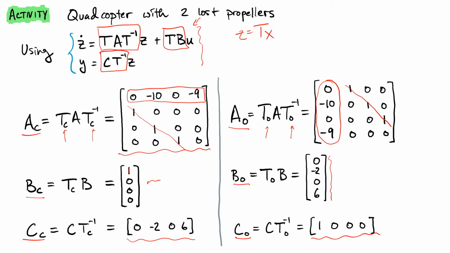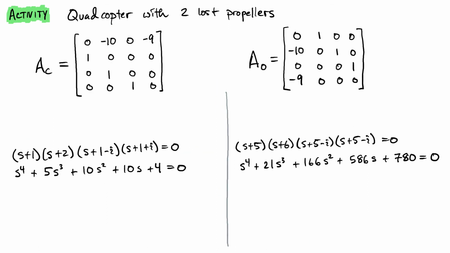So now that we have both controllable canonical form and observer canonical form, we can go ahead and do the pole placement for the controller and pole placement for the estimator. So the first step of doing this is to write out our desired characteristic equations. And so we had poles that we wanted.